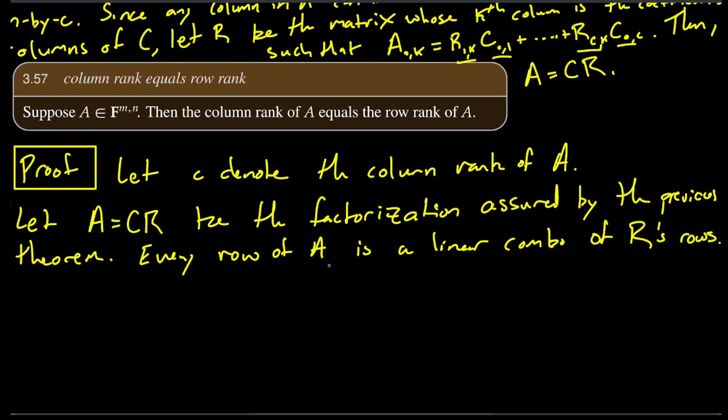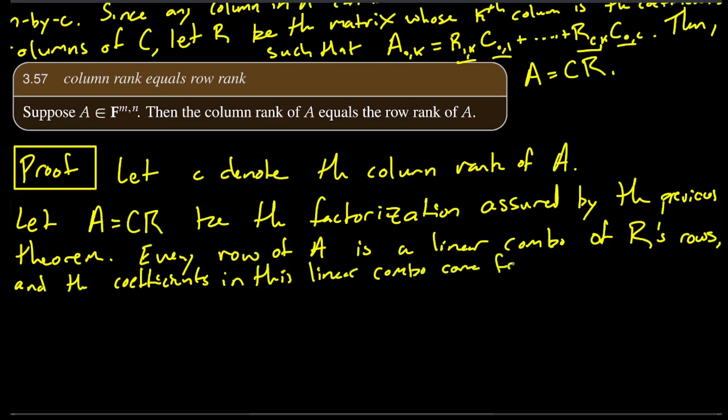So every row of A is a linear combo of R's rows, and the coefficients in this linear combo come from C's rows. Okay, cool. So we've got every row of A as a linear combo of R's rows. Nice.